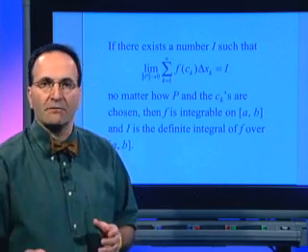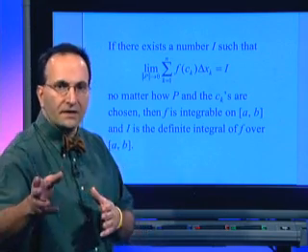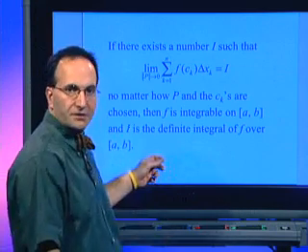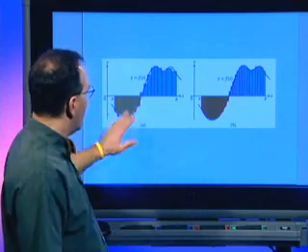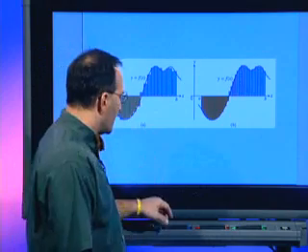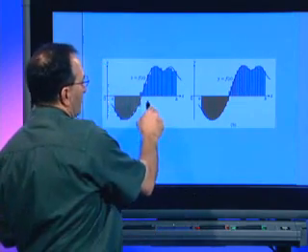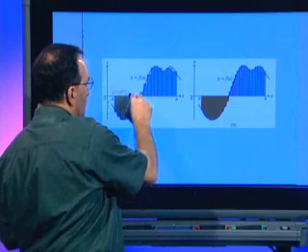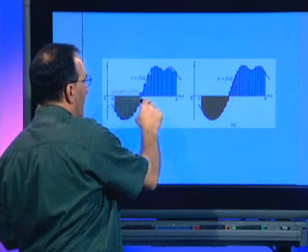Let's look at a diagram to help us illustrate what this definition is saying. Here I have two different graphs of the same curve, and we're looking at the area formed by the curve and the x-axis. On this side, we've divided up into partitions, and over here, we've divided up into partitions.